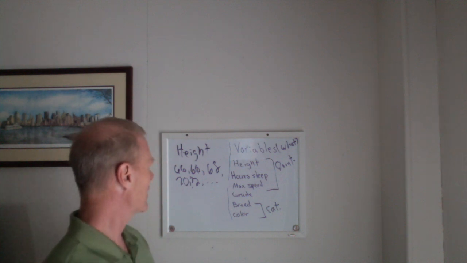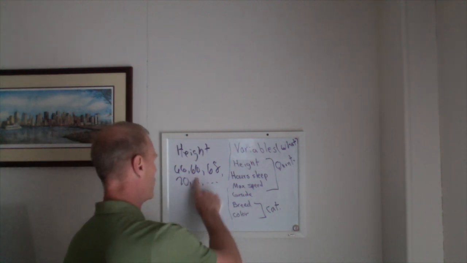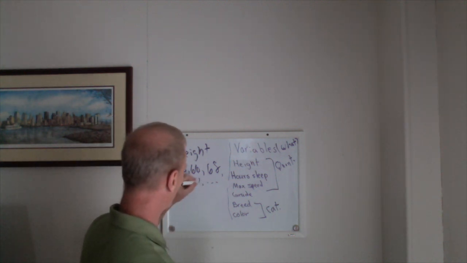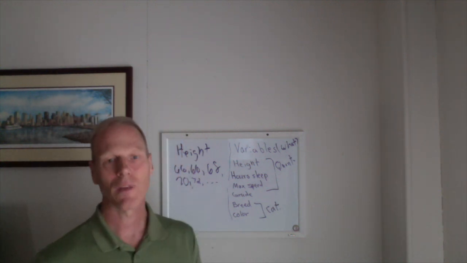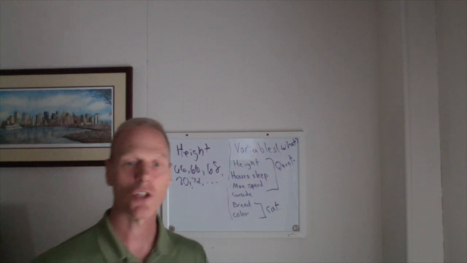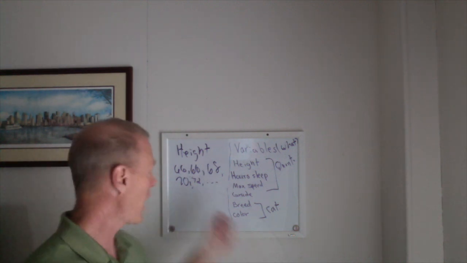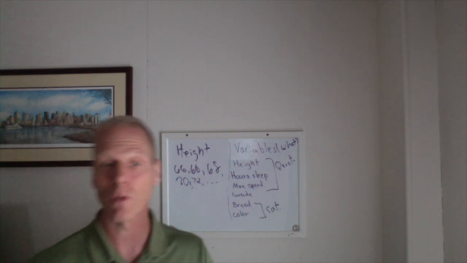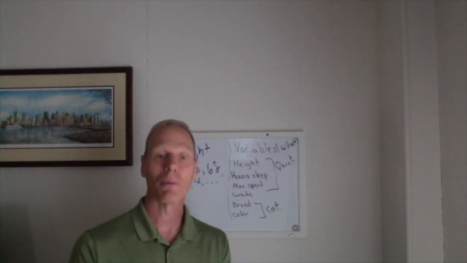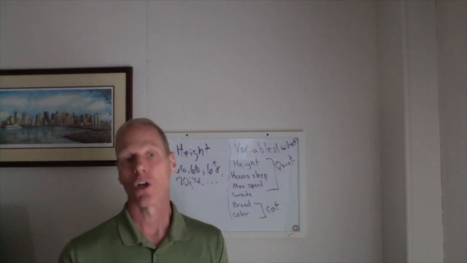I have 66, 68, 70, 72. All the data that I collect on height, that's the distribution. The distribution for height is what possible values can they take and how often do they occur.